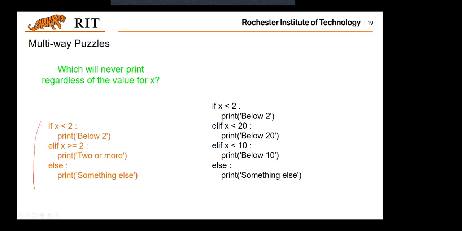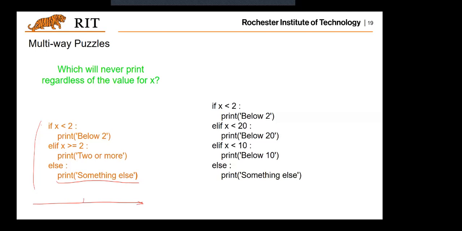Okay, let me give you some idea. Basically, the code under the else will never be executed. Why? Let's see what the conditions are. So again, an axis of a number, right?